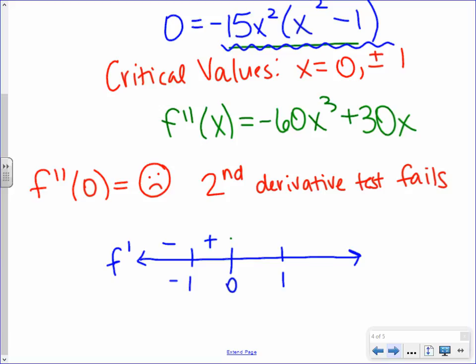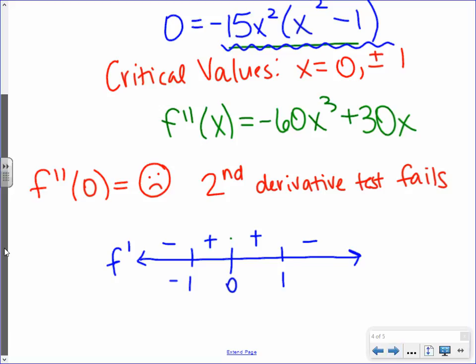Hope you're doing this along with me. If we plug a number between 0 and 1 into that first derivative, like 1/2, looks like we would get a positive value. And if we plug a number to the right of 1, we're going to get a negative value.